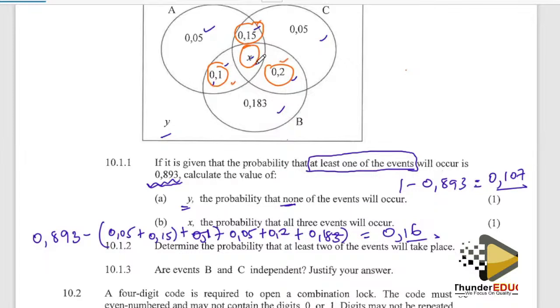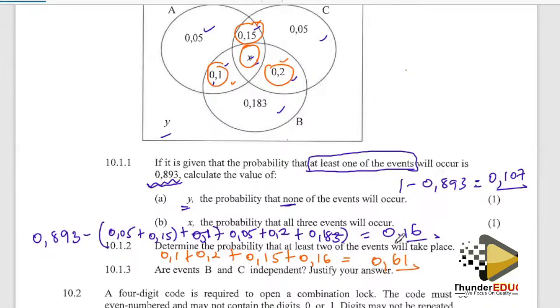So minimum 2, maximum 3. So I'm gonna have 0.1 plus 0.2 plus 0.15 plus my 0.16. Okay. 0.16, I'm getting 0.61. That's my final answer.